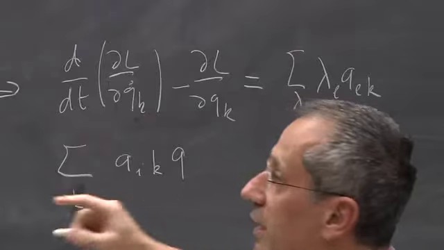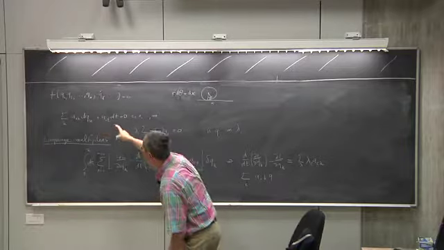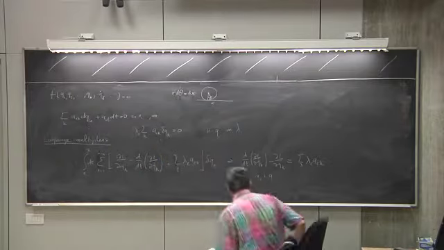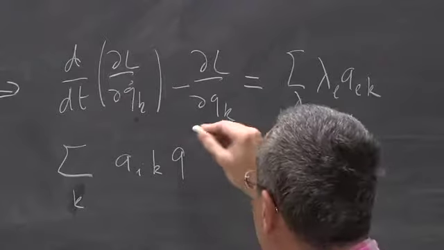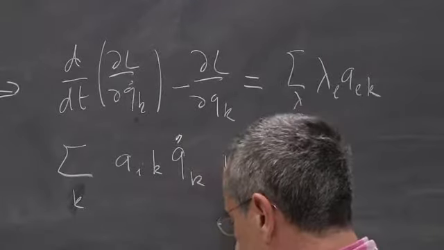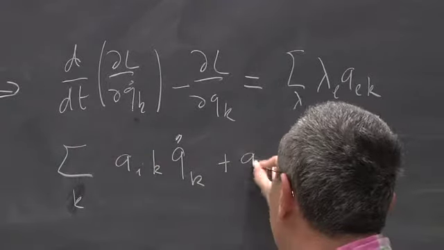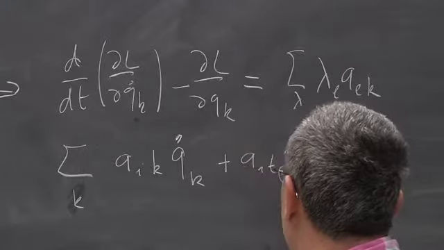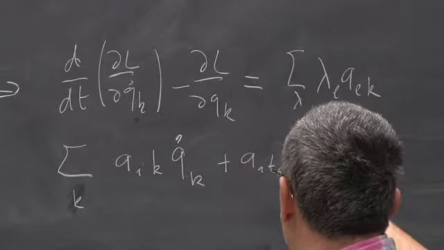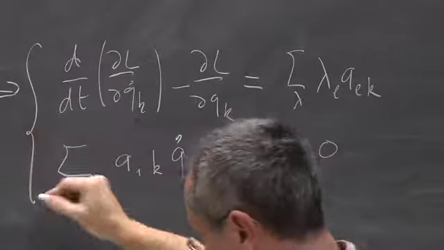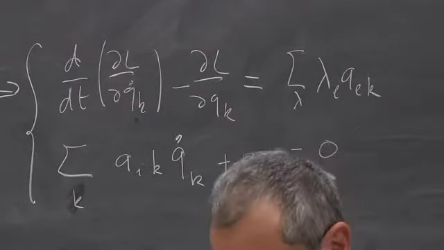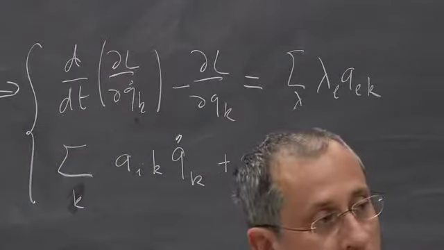Here you take the time derivative of this so that you have the velocity q dot k, plus, if you also have an explicit time dependence, these dt terms. This is a constant. This is just equal to 0. Okay.